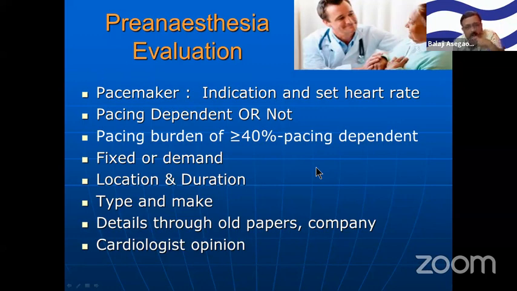His normal heart rate may be 70, but it drops to 30 in between. At that time, when demand arises, if the pacemaker provides that support, we call it demand pacing. Another is fixed mode. The pacemaker won't sense anything. It will go on pacing the heart at a fixed number, 70, 80. That we call fixed type of pacing.